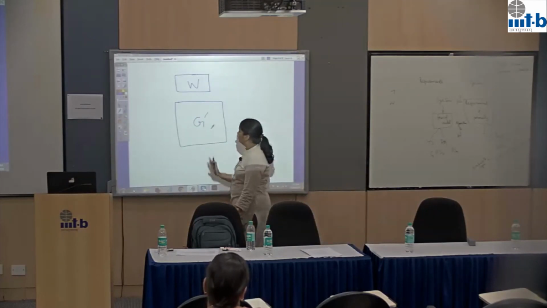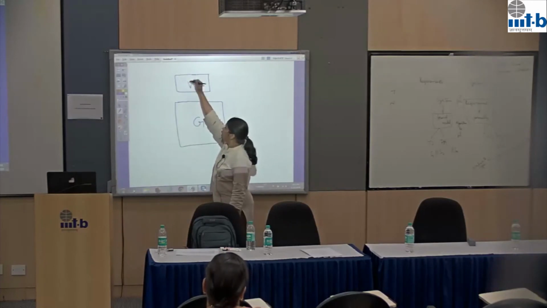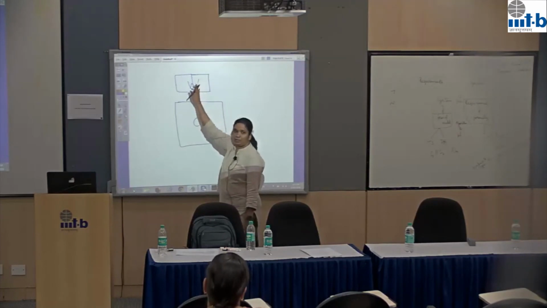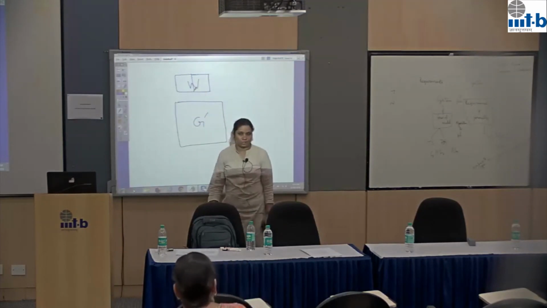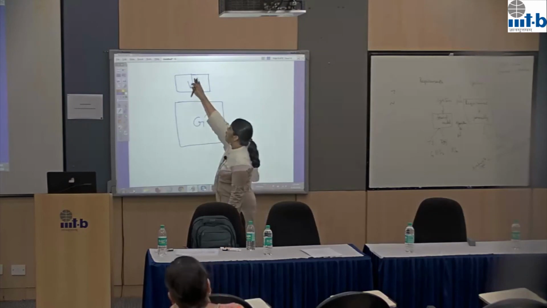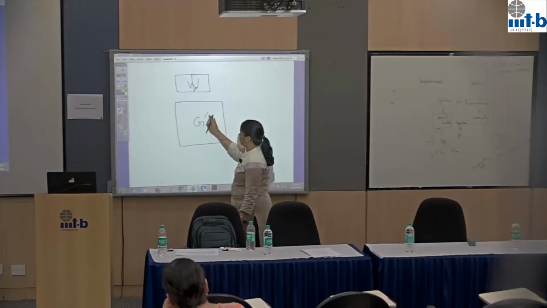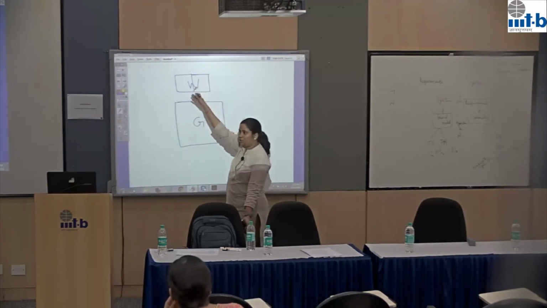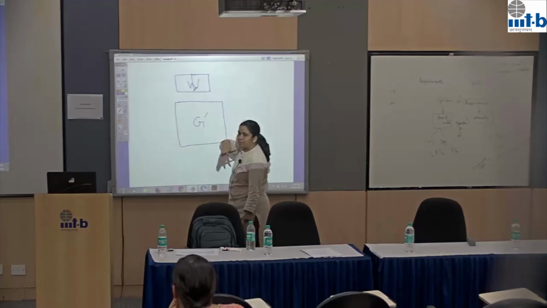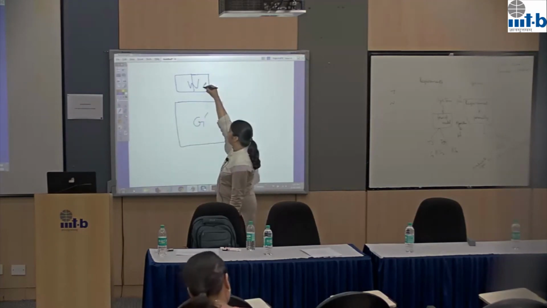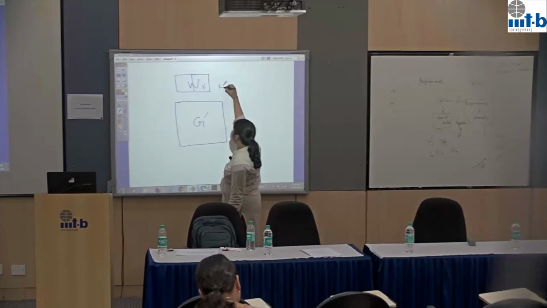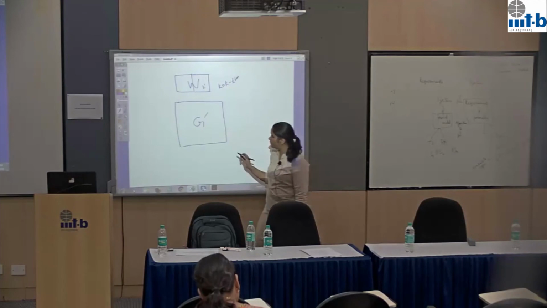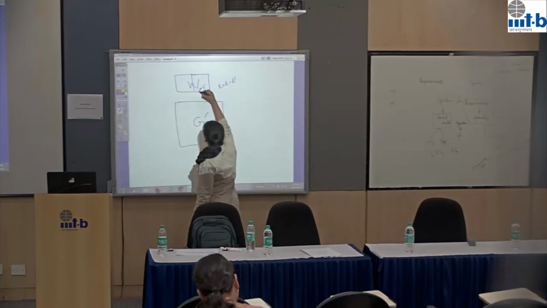Now you take some part of W which you have decided is going to be in your solution. You delete this, and whatever part of G prime is connected to it, that also you delete, because you have taken it into your budget. And you decrease the budget accordingly. If this is k prime, then the new k is k minus k prime. So you have deleted this part.